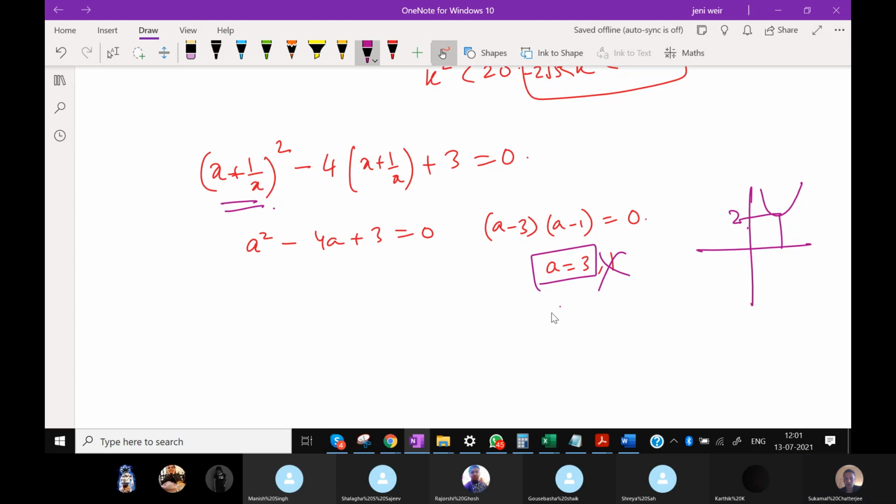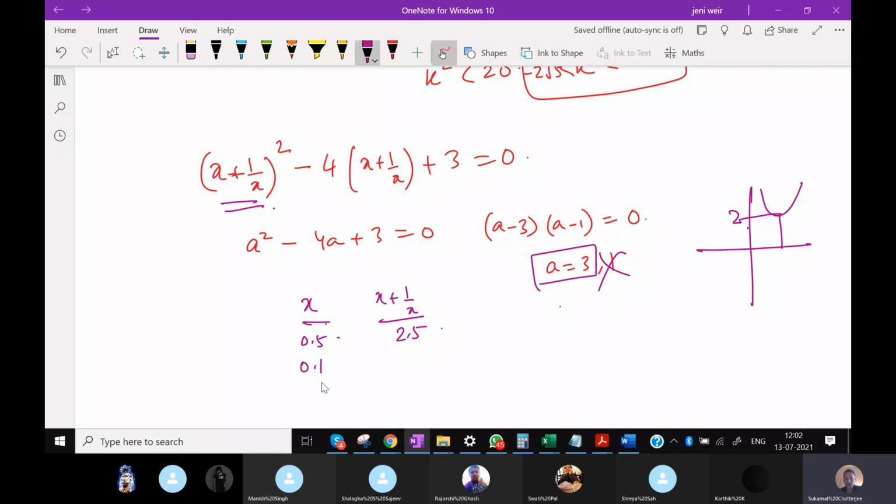Clear? So please explain the x plus 1 by x part again. Okay. You have to understand the graph of x plus 1 by x very, very clearly because there are a lot of variants of that which are given. So x plus 1 by x, if you plot it, you will see that when you take values of x like 0.5, this would be 2.5.